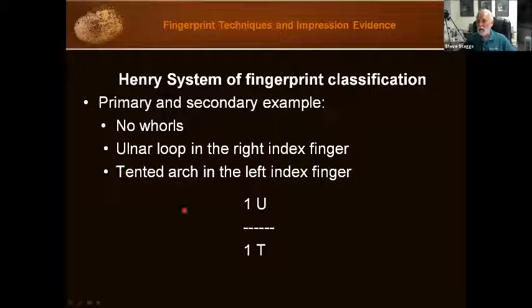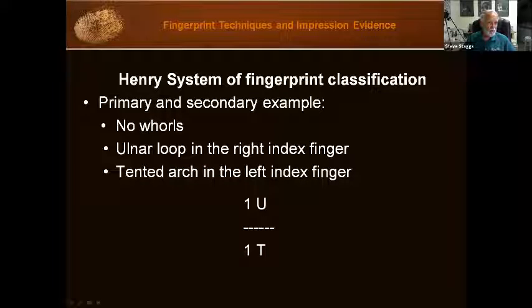We also see that below that line, that's going to be our left index finger, is a tented arch. So now we have the beginnings of our secondary. So that's our primary and our secondary. Secondary again is the index finger on the right hand and the index finger on the left hand.